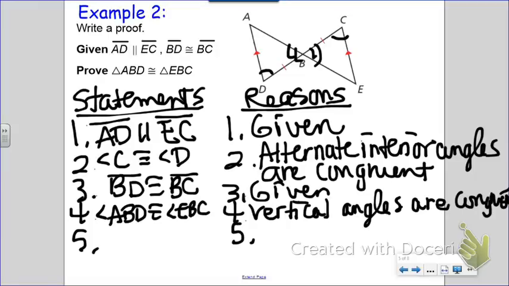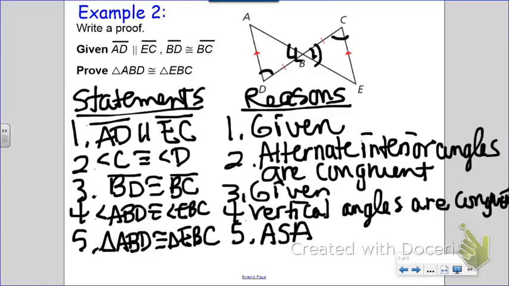I have three parts marked on the drawing. I can go to my proof statement. Triangle ABD is congruent to triangle EBC, and it's angle, side, angle. The side is in between the two angles, so it's angle, side, angle.